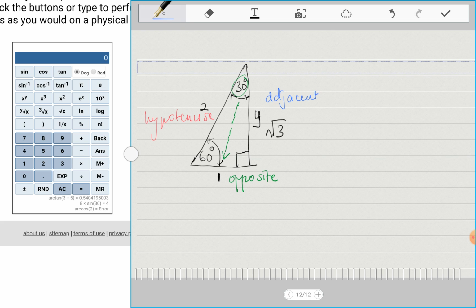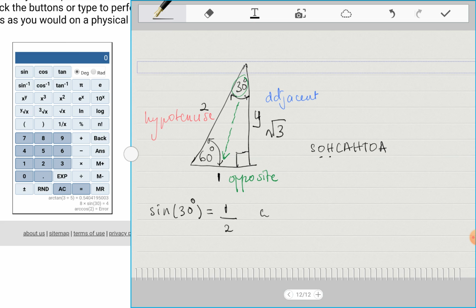If I go ahead and write out my special angles here, I get sine of 30 degrees is equal to the opposite over the hypotenuse. My opposite in this case would be 1, and my hypotenuse would still be 2. So sine of 30 would give you 1 over 2.